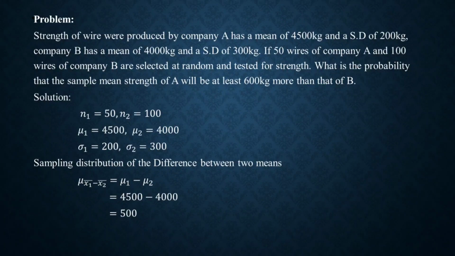Now we have to find the probability that the sample mean strength of A will be at least 600 kg more than that of B. Now the sampling distribution of the difference between two means is mu x1 bar minus x2 bar is mu1 minus mu2. Here mu1 value is 4500 and mu2 value is 4000. So we have mu x1 bar minus x2 bar value is 500.